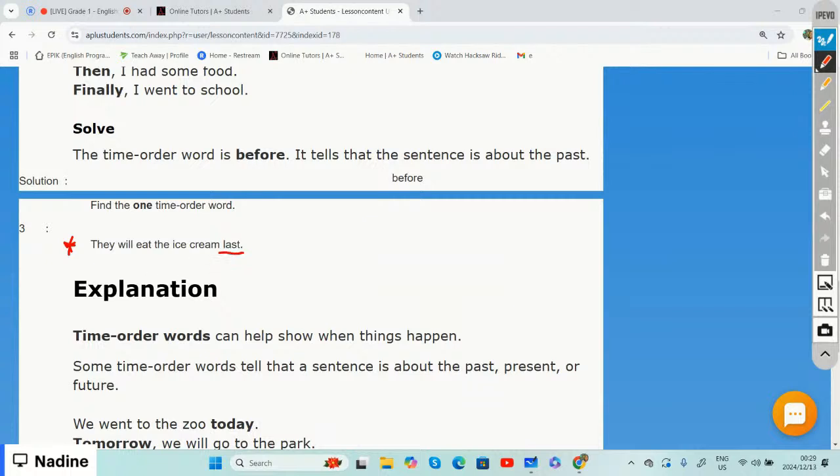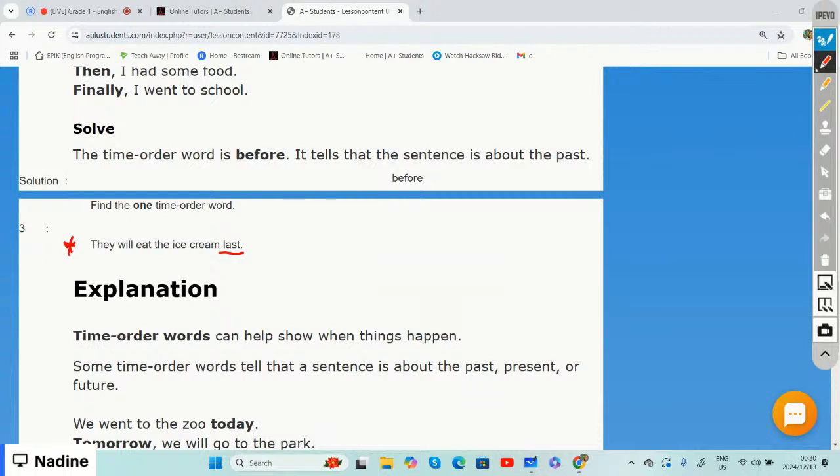Remember, the time order word tells us when things happen, like the period of time that it shows us when things happen. It can be last, it can be now, it can be first, it can be second, it can be tomorrow, today, now, later, finally. Those are our time order words.